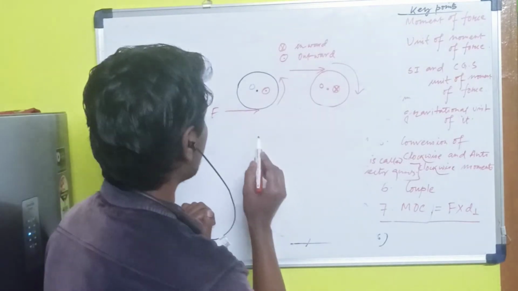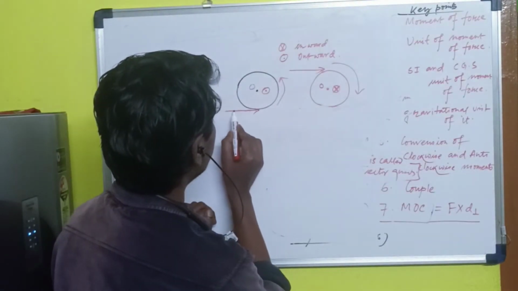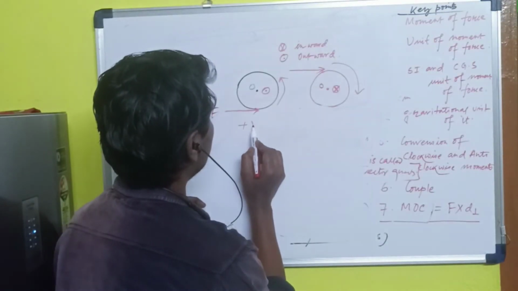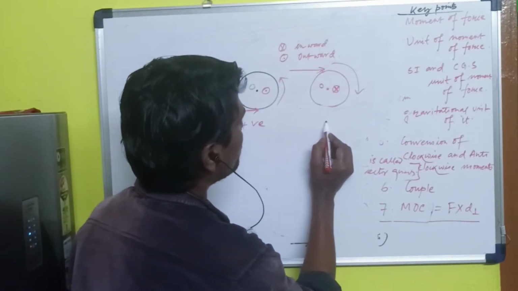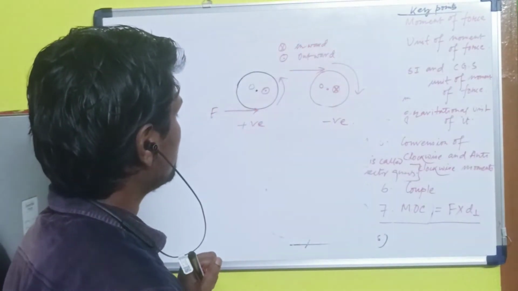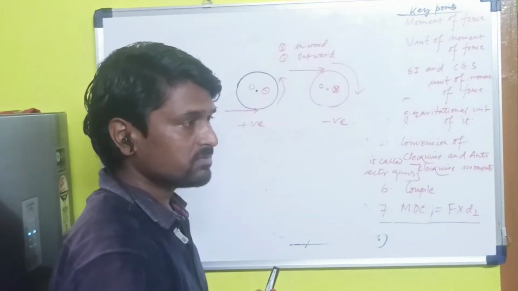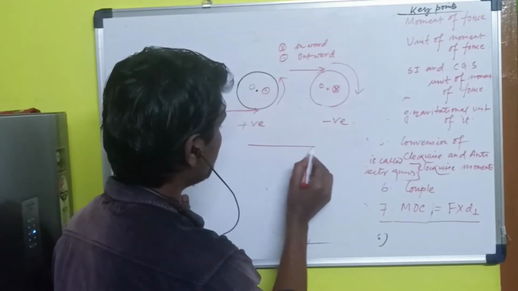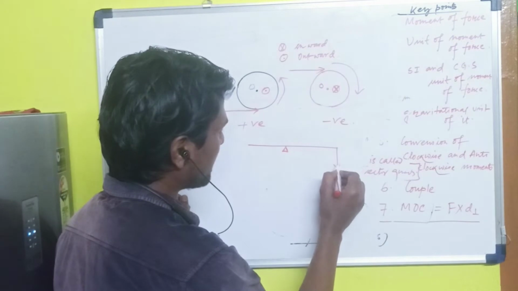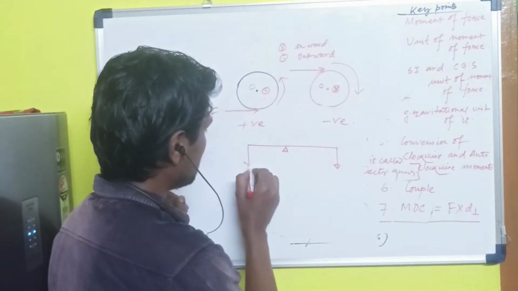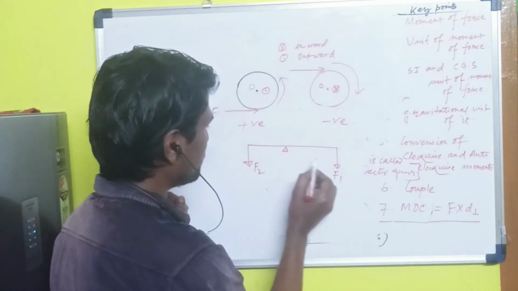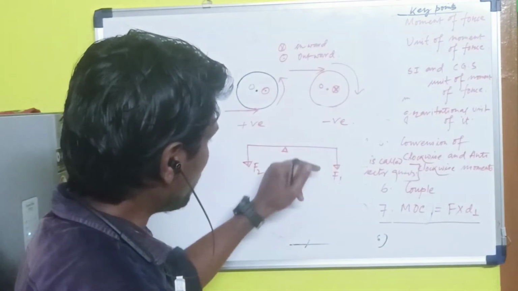So when it turns in the anti-clockwise direction, it is taken as positive, and when it turns clockwise, it is taken as negative. Suppose this is a simple balance, and a force F1 acts along this direction.